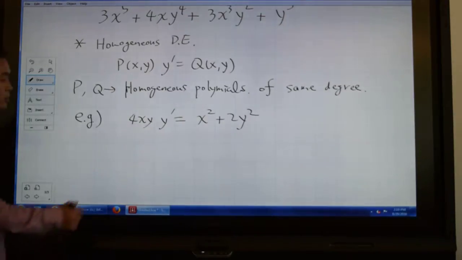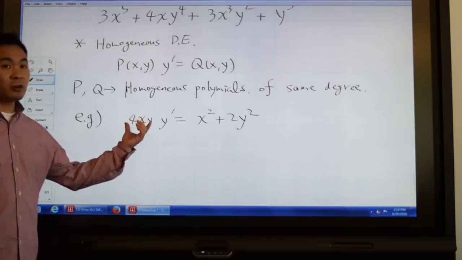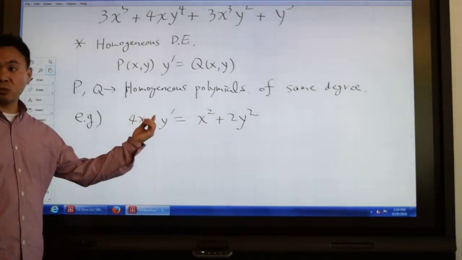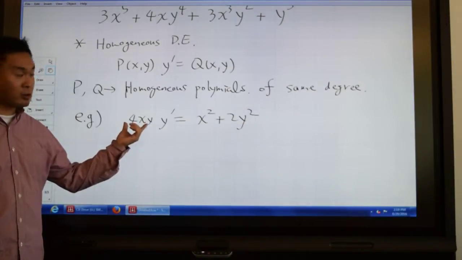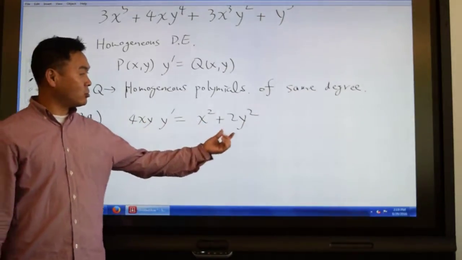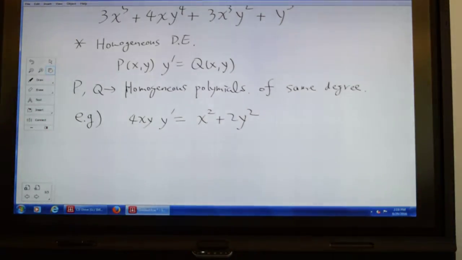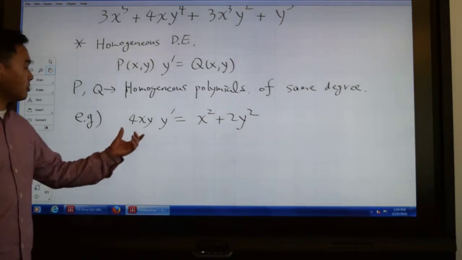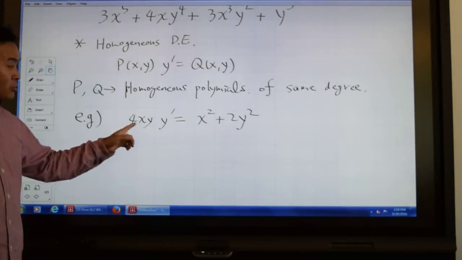Then you can see that this is a polynomial with the total degree 1 plus 1, which is 2, right? So this is a homogeneous polynomial with degree 2. That's degree 2, that's also degree 2. So you know that both sides are homogeneous polynomials of the same degree.